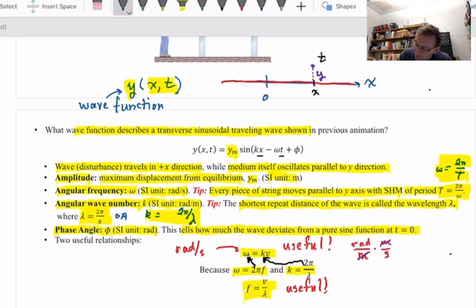This is for a sinusoidal wave traveling in the plus x direction. And watch out for that minus sign right there inside the argument of the sine. That can throw you. But that is what must be there. There must be a minus sign between the kx and the omega t if you are describing a wave that's traveling in the plus x direction.